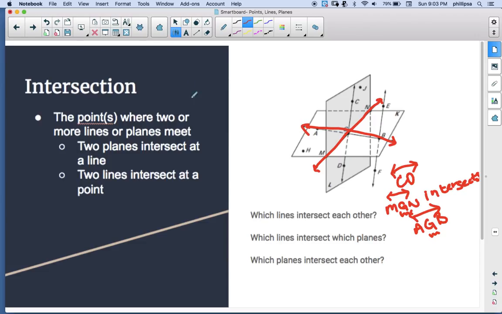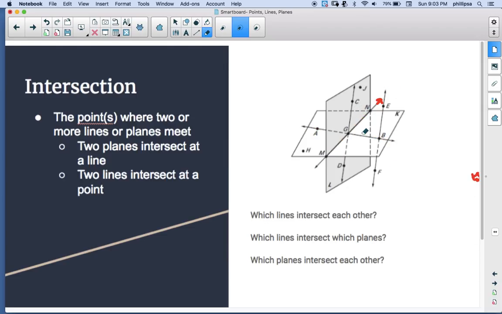You also have in this picture a line that's intersecting a plane in this situation. You may have noticed on the first diagram that we were looking at that you have these dashed lines, okay?